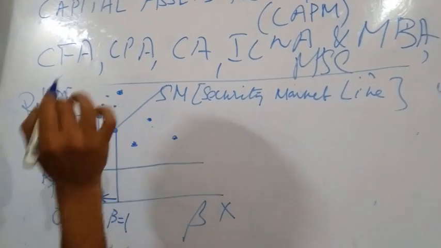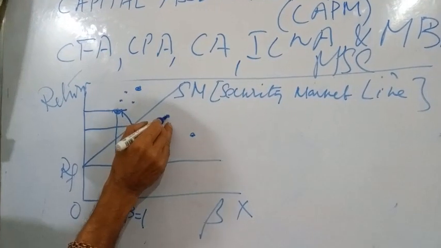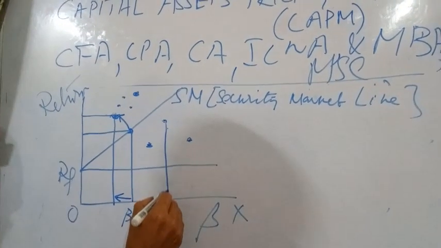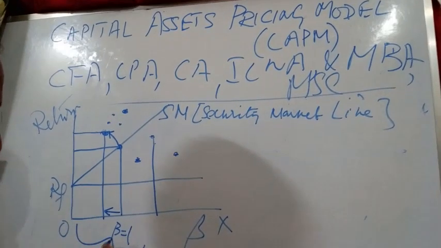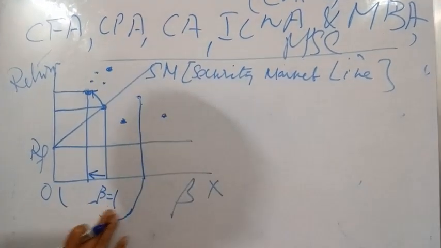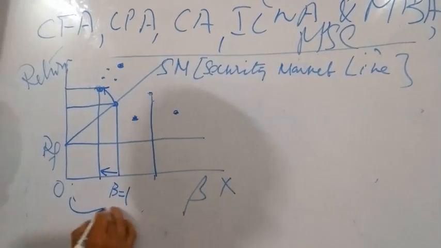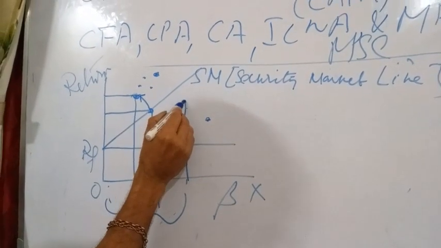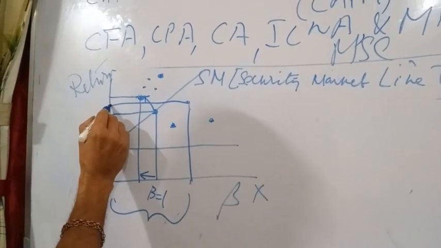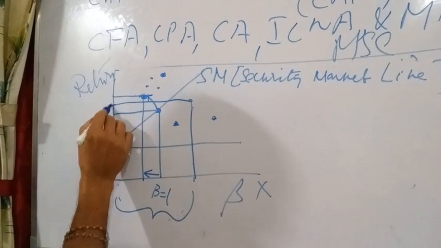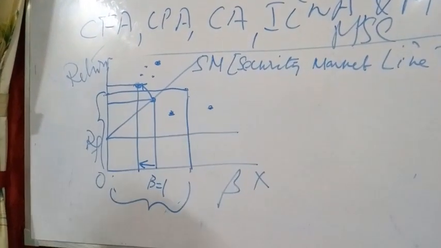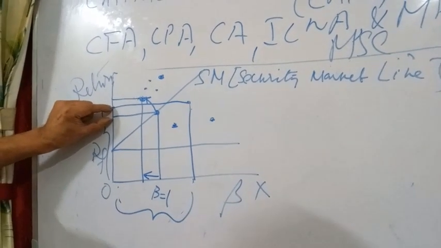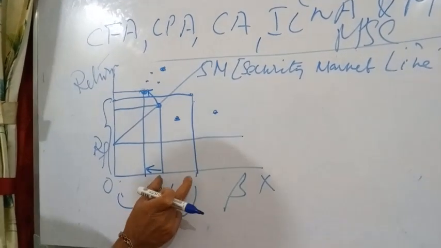See, if the investor moves from here to this point, what is happening? At this point, this is the risk and this is the return. That means return has increased by this much, but risk has increased by this much.